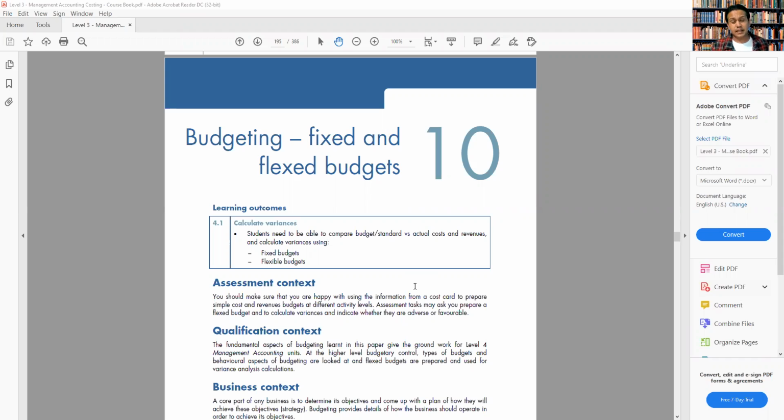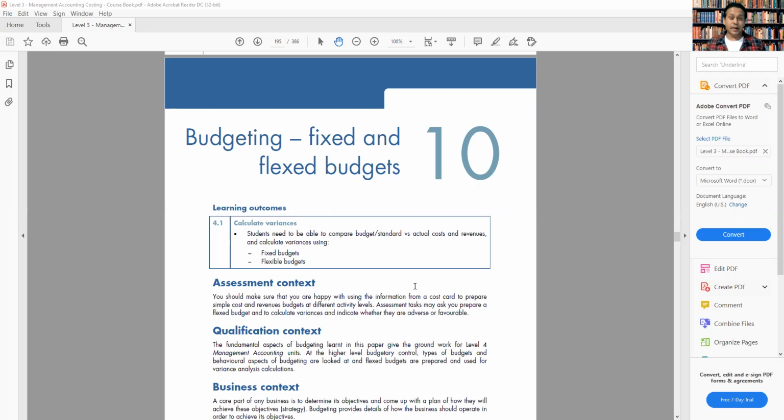The management accounting costing we have here, we just do the calculation. But in level 4 you have two papers for management accounting. You have management accounting costing for decision making, and you have one for budgeting. So we have a whole book only for budgeting.